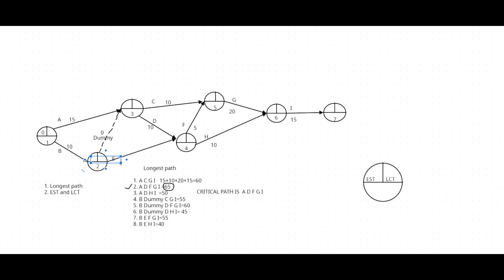Event number 3, there are 2 paths. Remember, after you add the dummy, you need to treat the dummy as a normal activity.